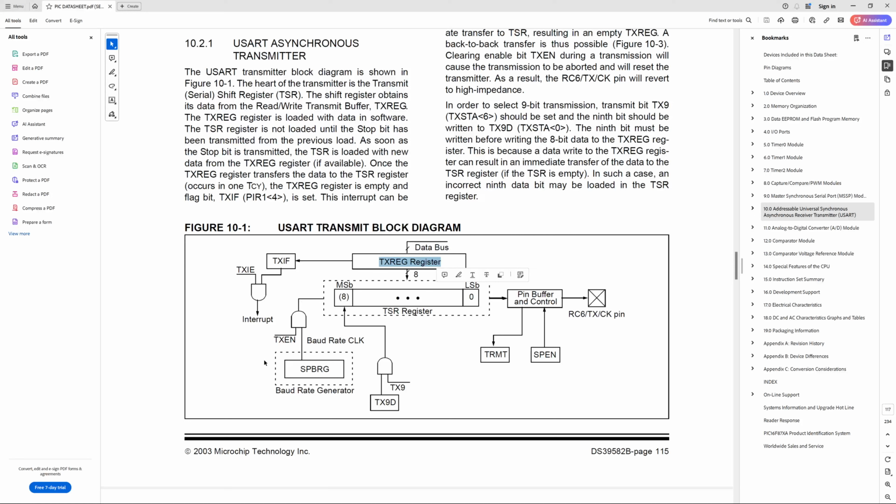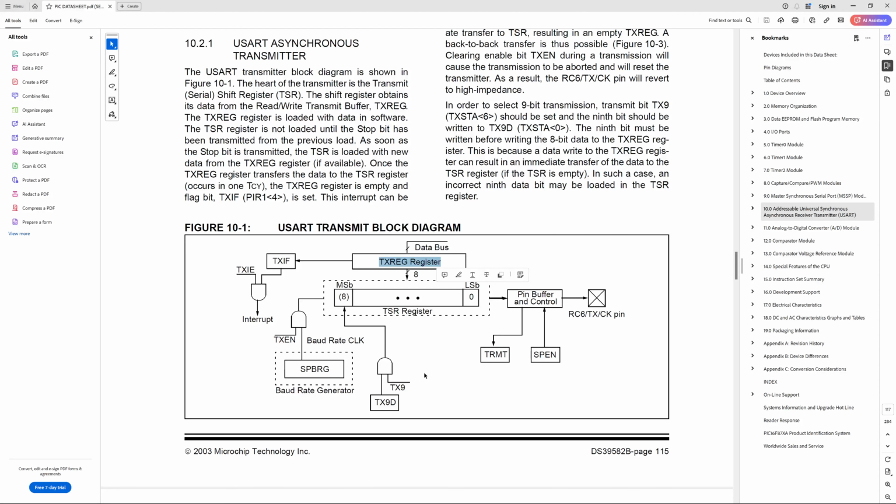There are some other flags also, like the transmit enable flag, TX9D. This is that TX9D. If you are transmitting ninth bit data, you need to enable it. Then only the ninth bit will be added here.